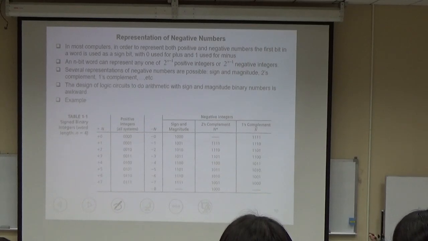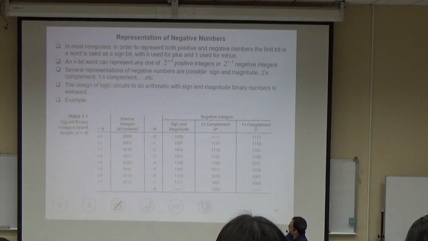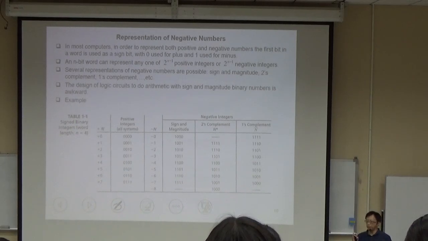Okay, so next we will try to understand what the 1's complement system is. This table represents signed binary integers. Signed binary means the first bit will indicate a negative number or a positive number. In all these three systems, sign-negative, 1's complement, and 2's complement, the first bit will indicate whether the number is negative or positive.